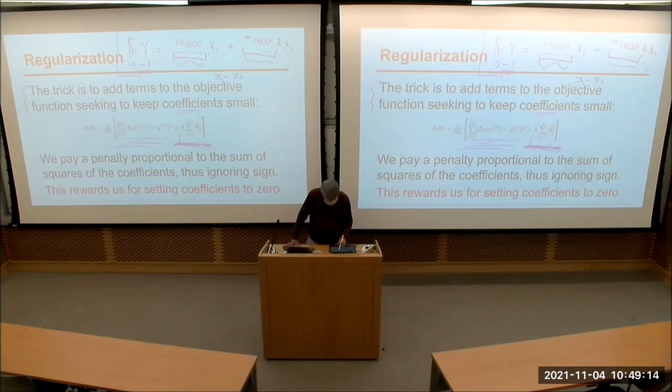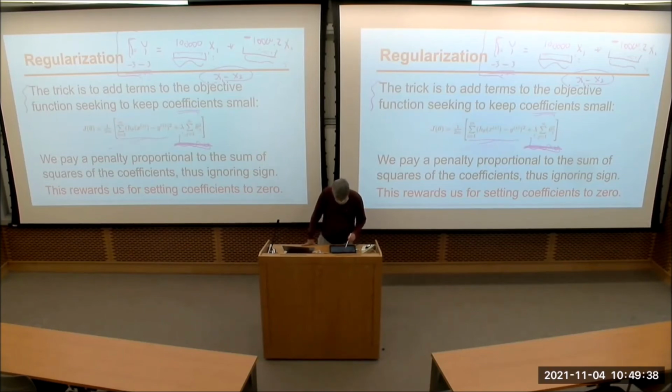Typically, if we have small coefficients, it's easier to interpret the model. And so we'd like to add a term to our optimization with the desire of keeping our coefficients small. This is the idea of regularization.